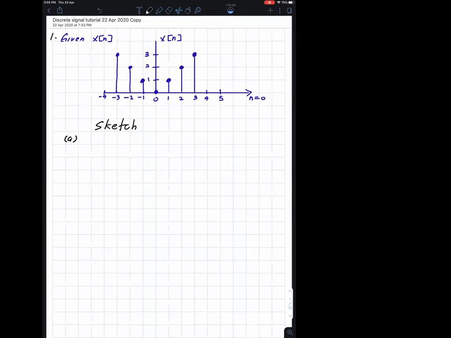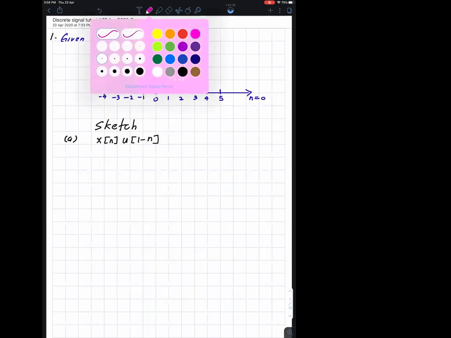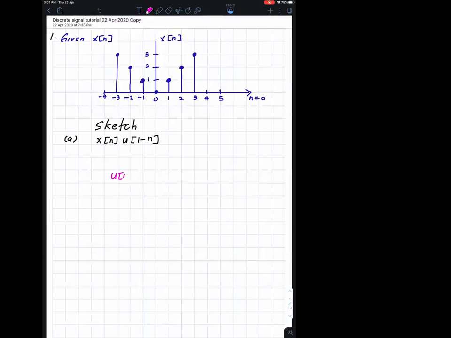Given a signal, I would like you to sketch x[n] u[1 minus n]. Do you know how to sketch this? Let's do a quick review. This is a discrete time signal.